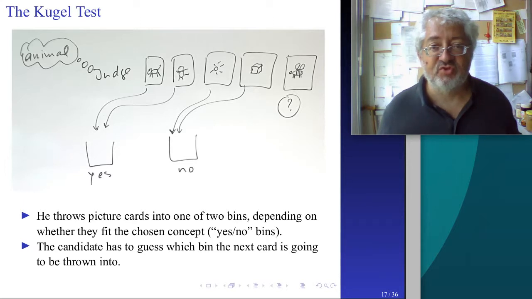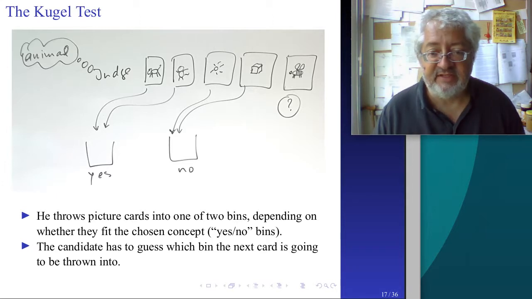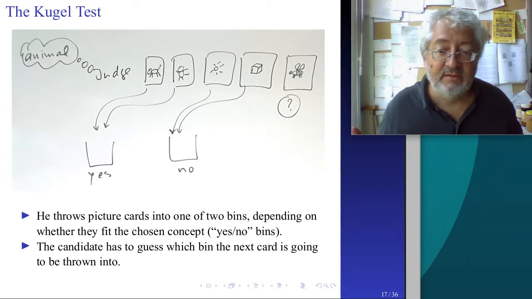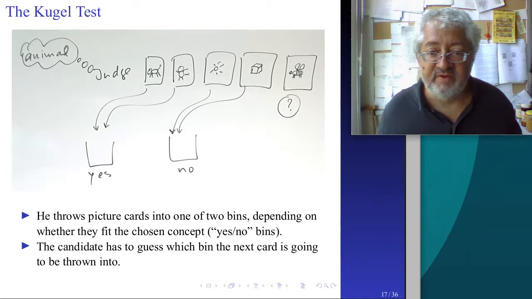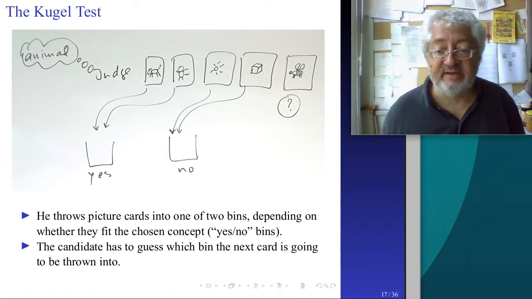What the judge thought of has to be kept secret, so we don't know what the judge thought of. But if you see, cat and mouse and bee seems to fit better than sun and cube and bee. So this is something we can relatively easily do. And this proves that we are intelligent.